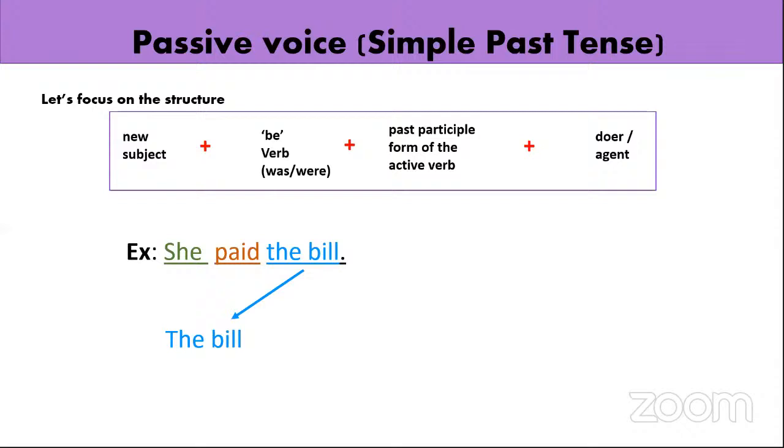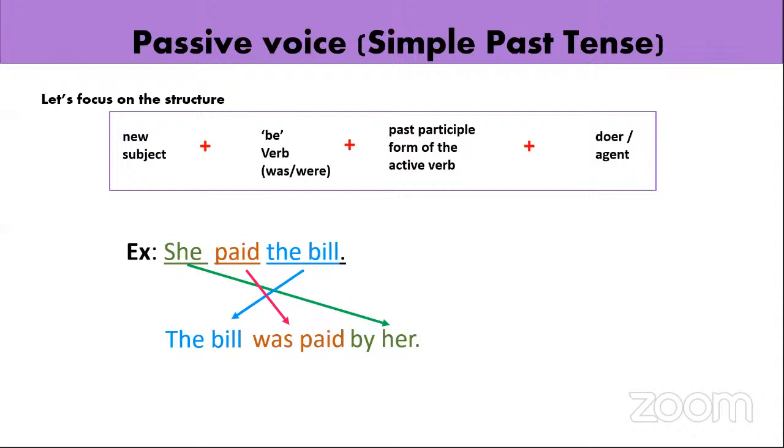Then according to the new subject. Why? The bill, it is singular. Then there we use was, and past participle form of the verb is the same one, paid, was paid. And the other step, you know, it is easy. Okay, I think it is very clear to you.